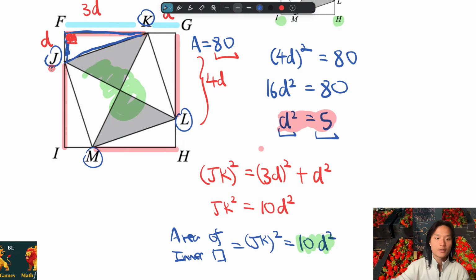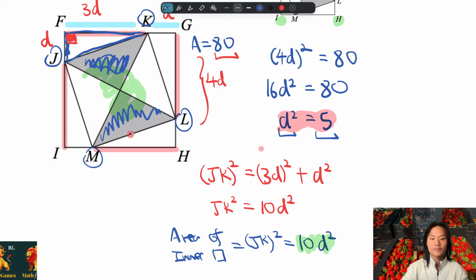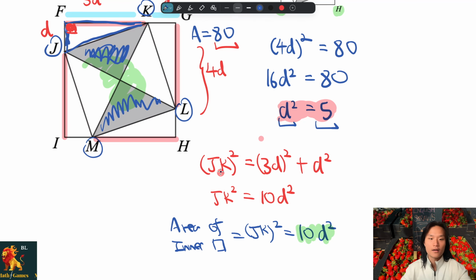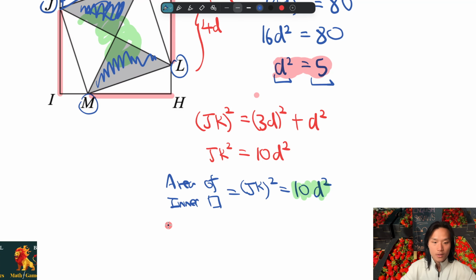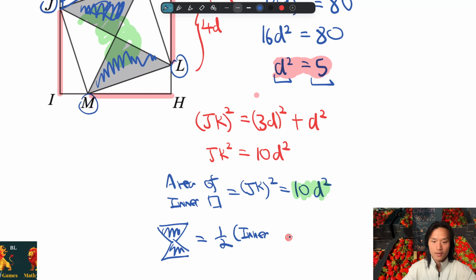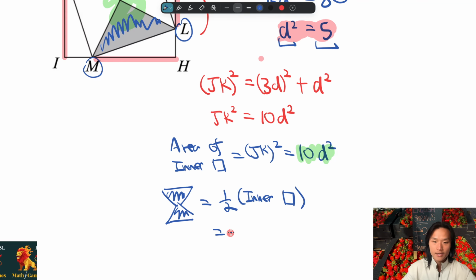This is very important for us, because the shaded region that we are after, these two triangles, are simply half of the area of the inner square. That is just half of 10D squared, which is 5D squared.